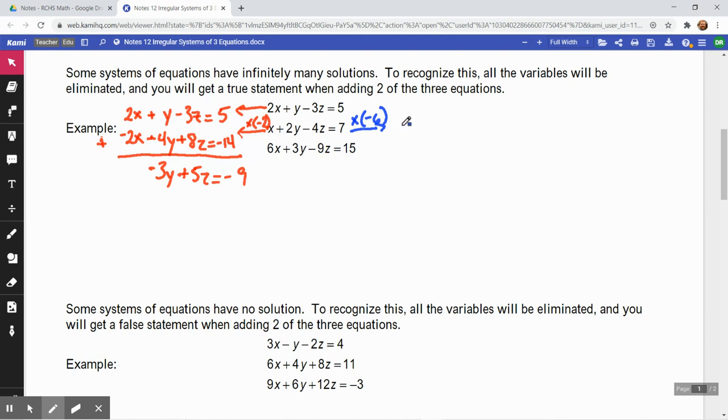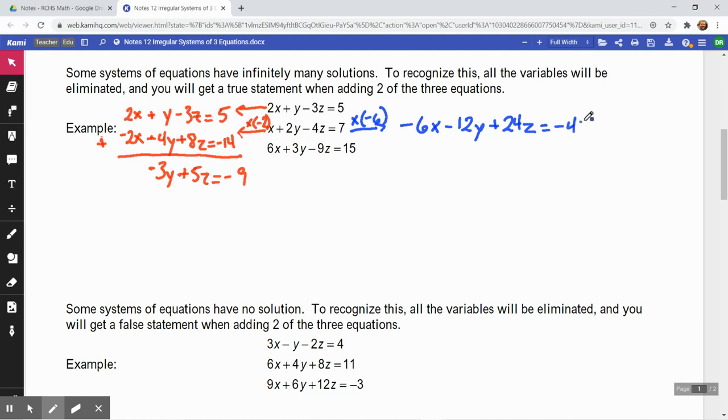Okay, so times negative 6, and we get negative 6x. Negative 6 times 2y is negative 12y. And negative 6 times negative 4 is positive 24z. Okay, and at the end, we have negative 6 times 7. That's going to be negative 42.